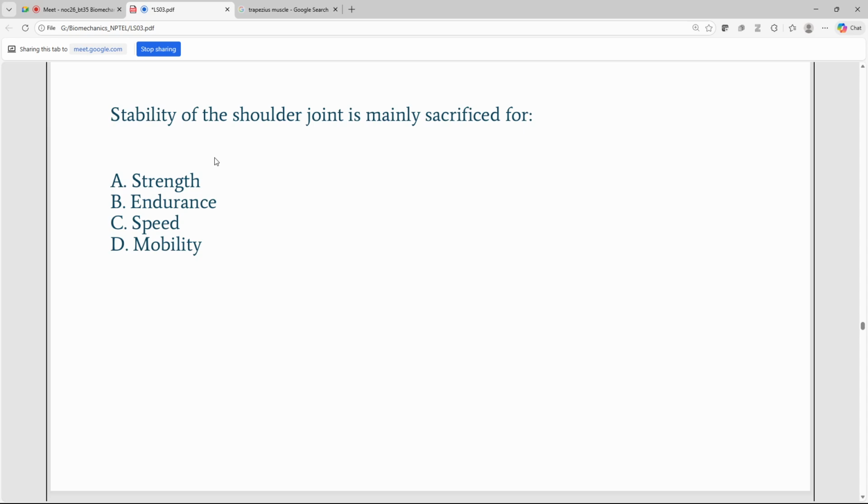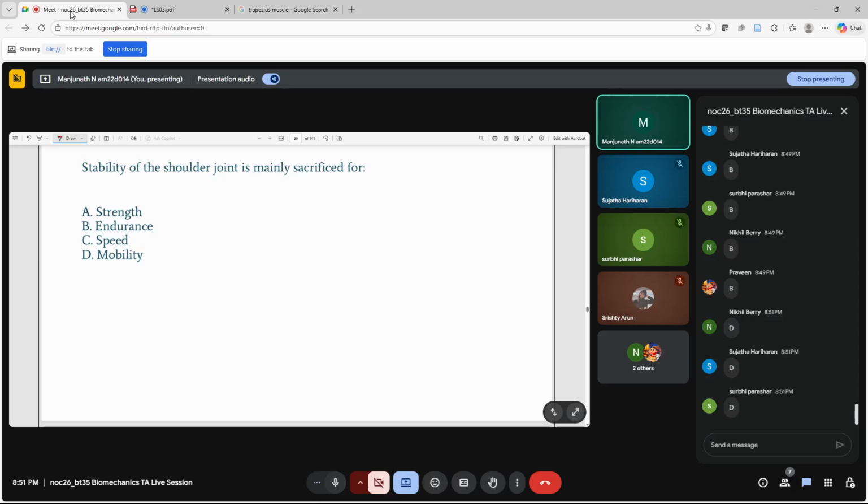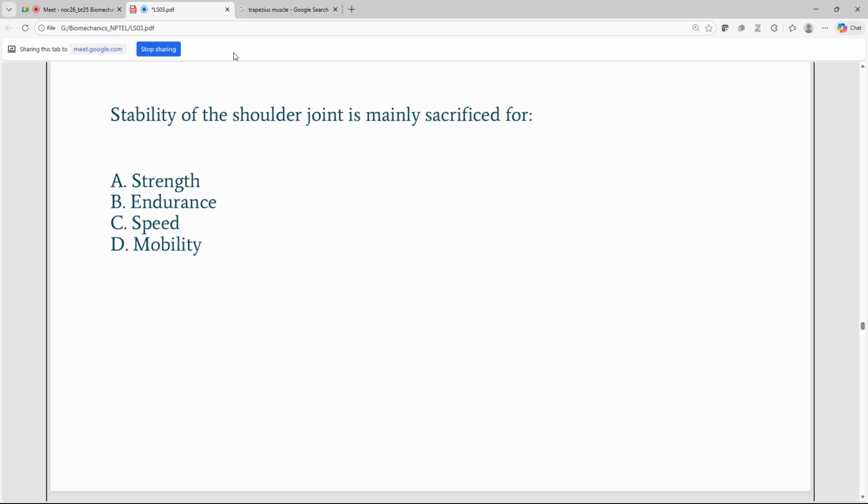For which of the following is the stability of the shoulder being sacrificed? Yes, option D, mobility.